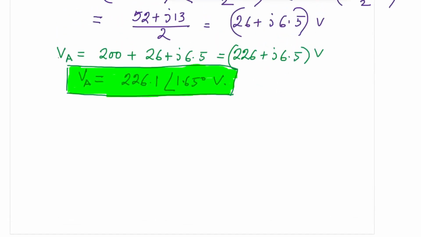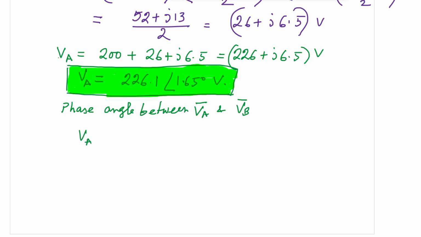The second part is the phase angle between VA and VB.